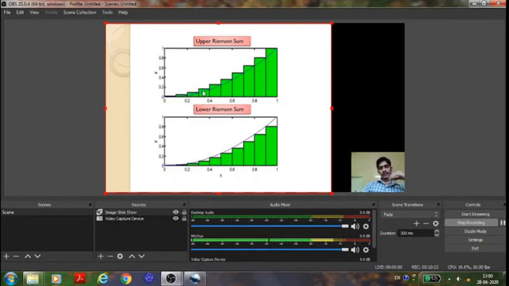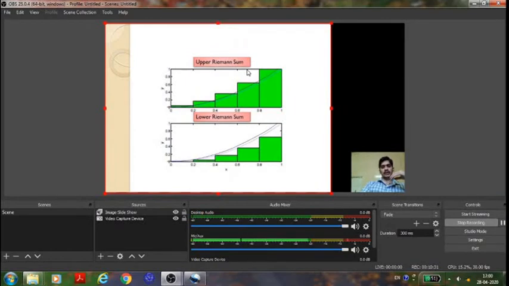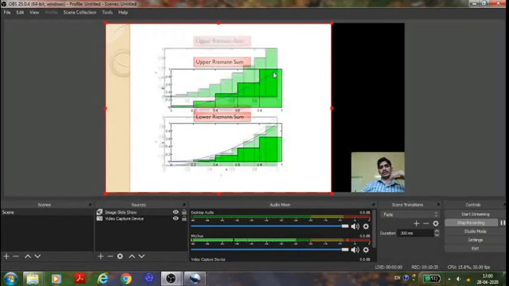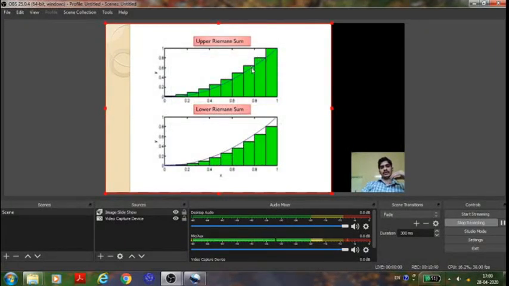You can observe that this extra portion is a little lesser than the previous one. Here it was the bigger part, and this is the lesser part, and here also for the lower Riemann sum.